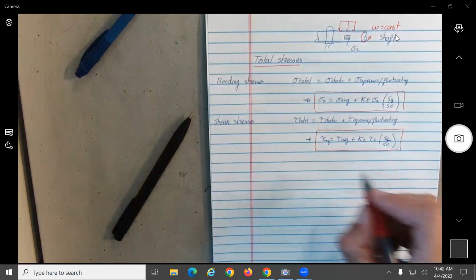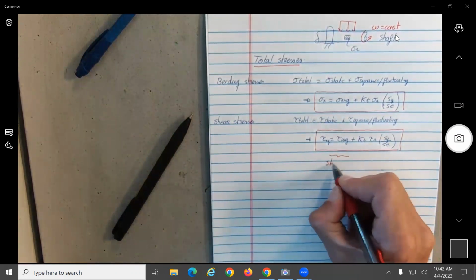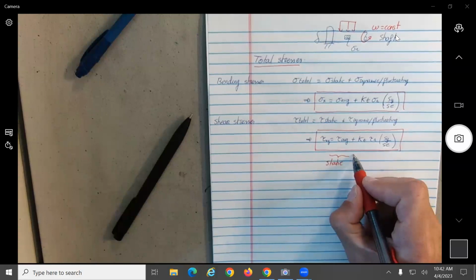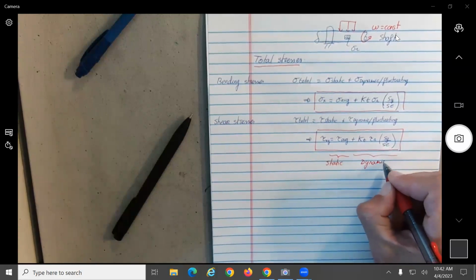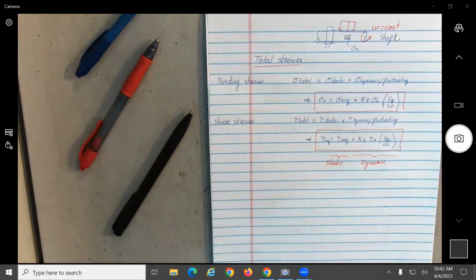Okay, so this is the static component. This is the dynamic component.